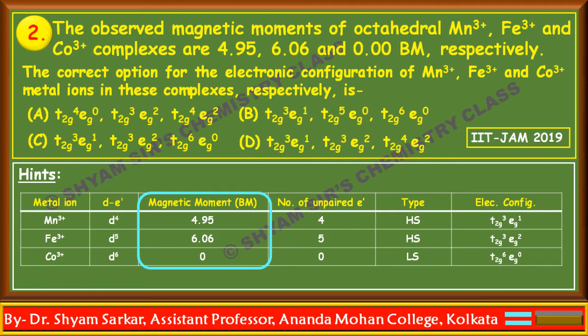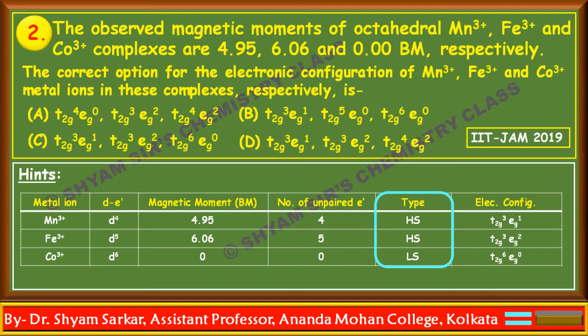Then you have to back calculate the number of unpaired electrons from this, because you need to know how many unpaired electrons there are, and from this you can say which type of complex it will be, that means whether high spin or low spin.